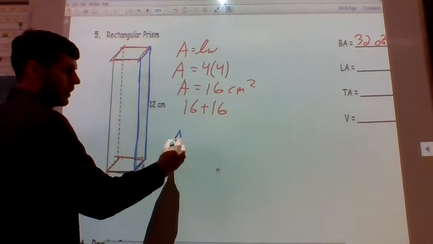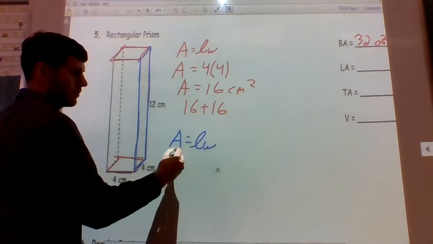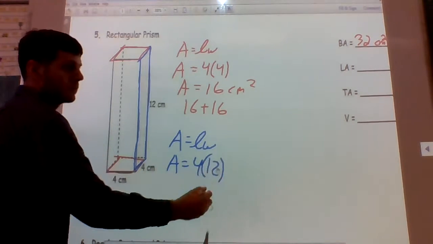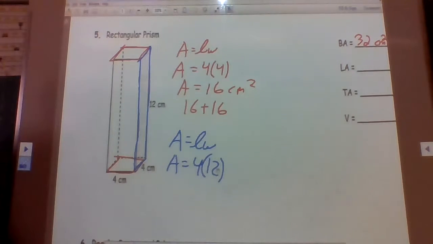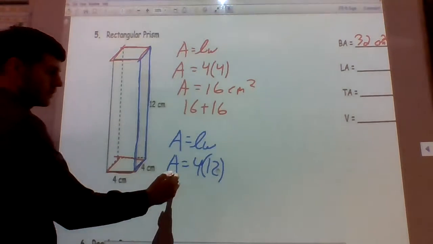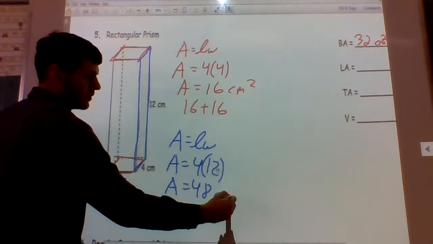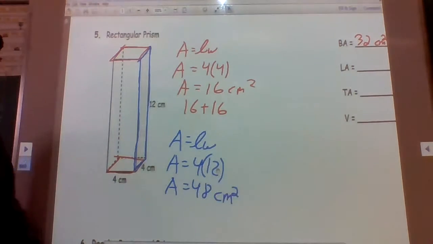Area for a rectangle is length times width. So we have 4 by 12, which is going to give us 48 centimeters squared.